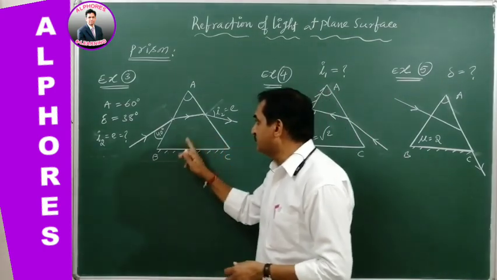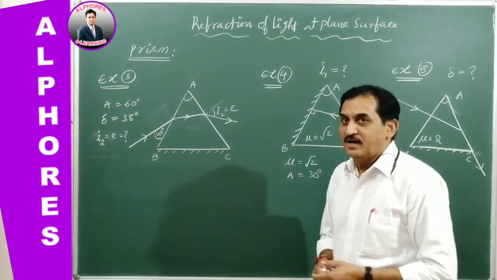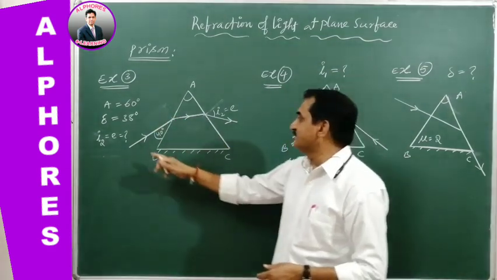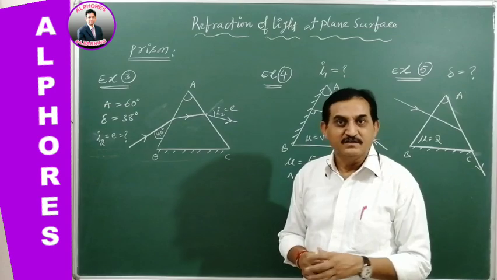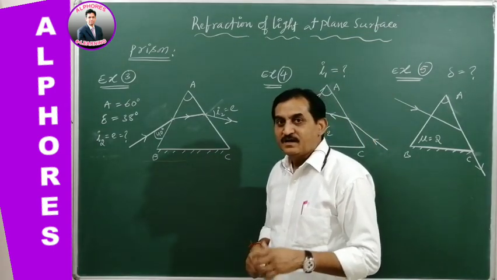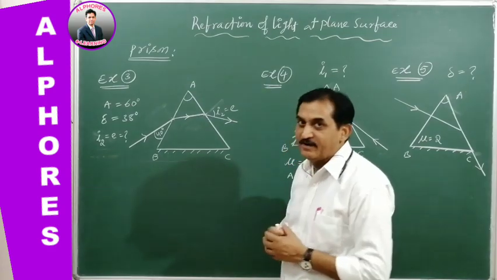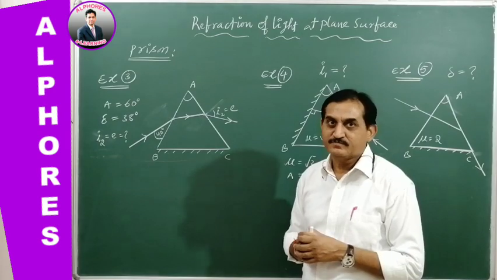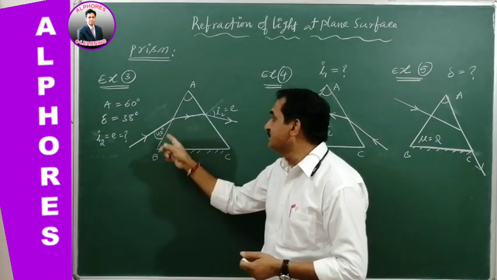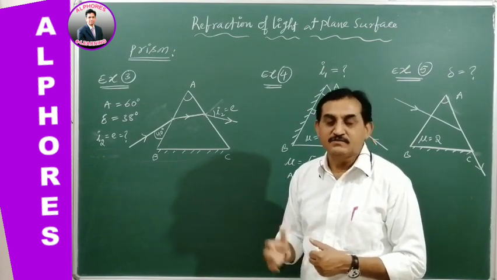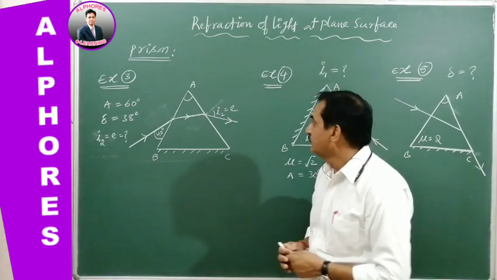In this case, there is a prism. Angle of prism is given as 60 degree, and a ray of light is incident on one of the refracting surfaces of the prism at an angle of 40 degree with the refracting surface.